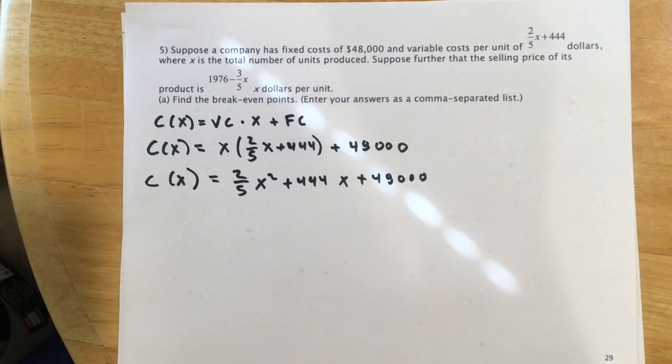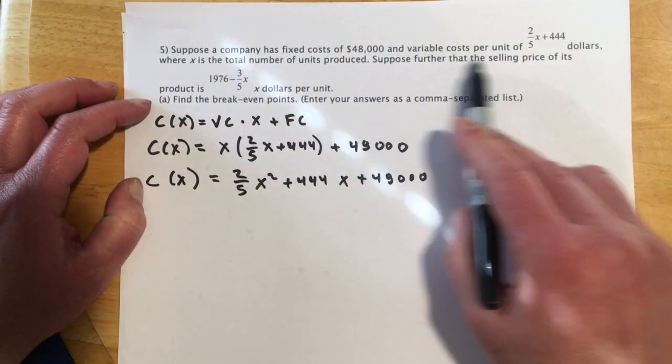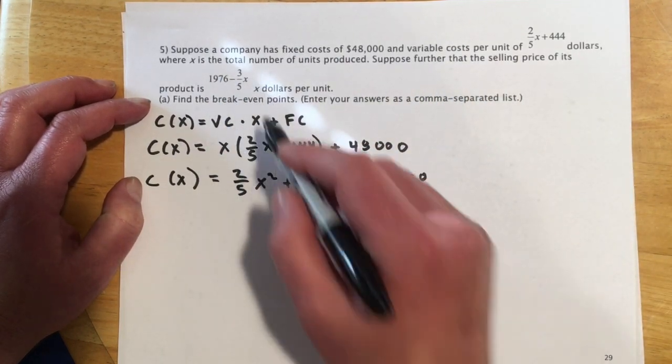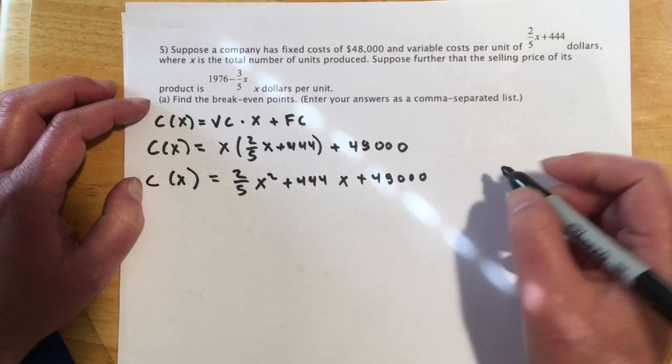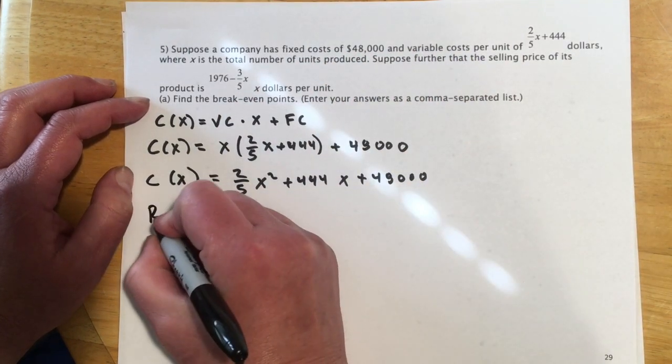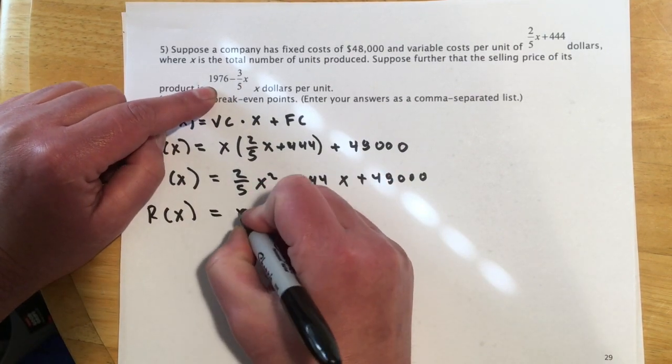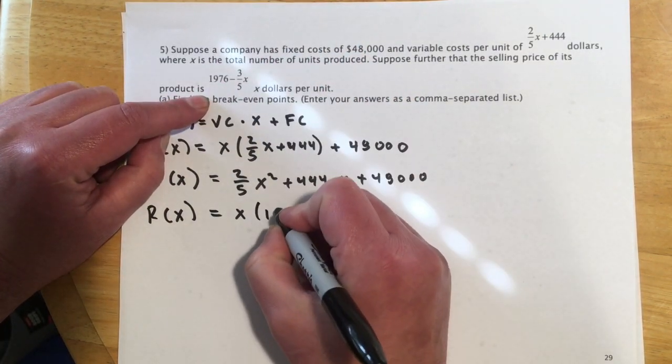So then I'm going to do a revenue function. So its sell price is this. Remember, price times units gets us revenue. So revenue is going to be x times this.